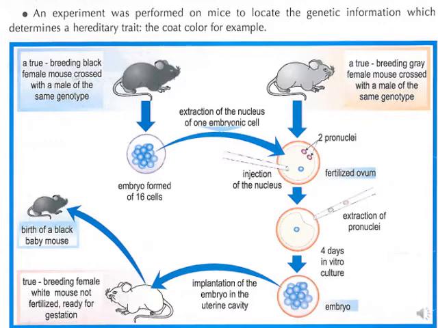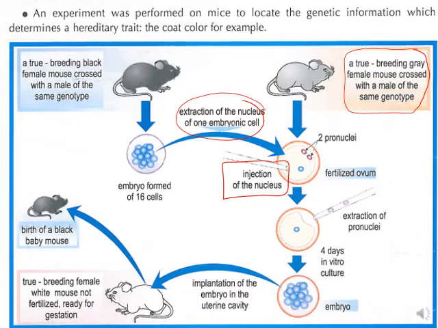An embryo of 16 cells is formed. The nucleus of one of these cells is extracted, and then it's injected into the fertilized ovum that is taken from where? It's taken from a true breeding gray female mouse crossed with a male with the same genotype.